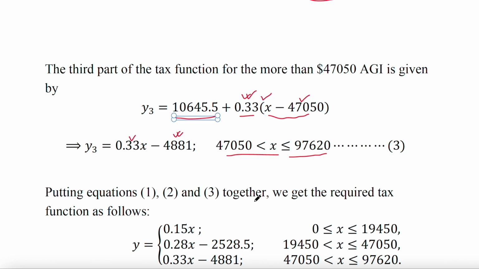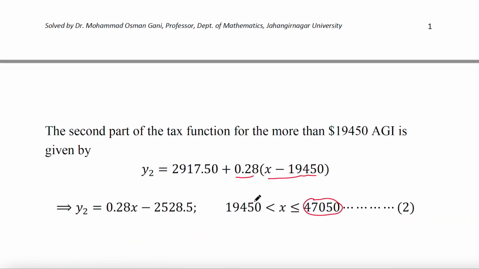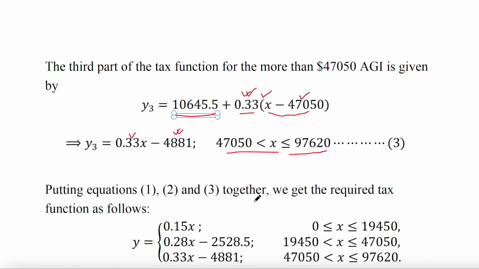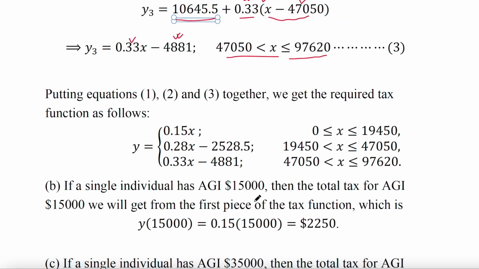Now combining equations 1, 2 and 3, we get the required tax function, which is y equal to 0.15x when x is in between 0 and 19,450. And this equation for 19,450 to 47,050.